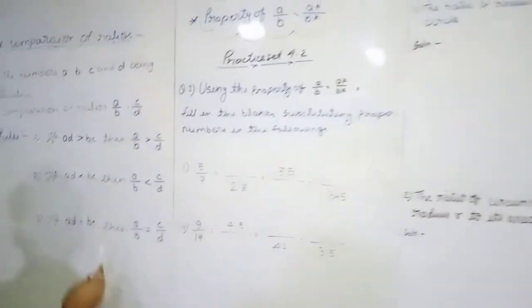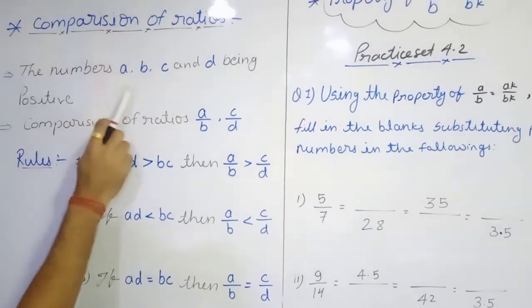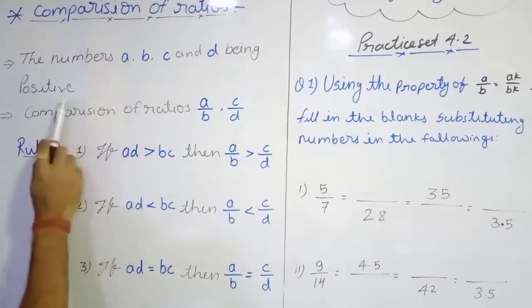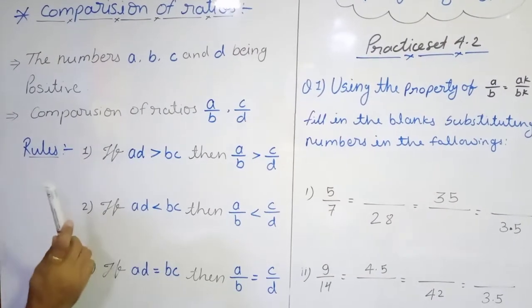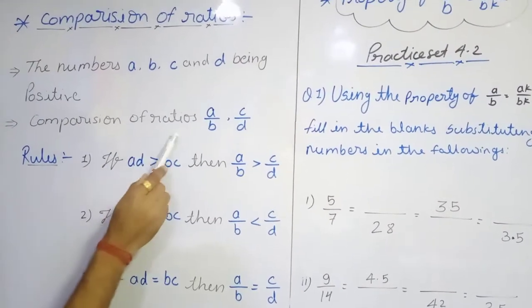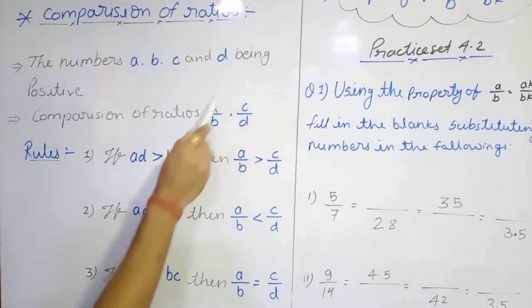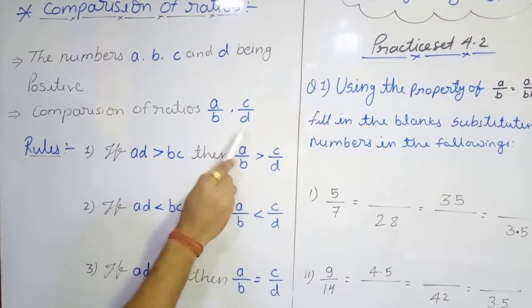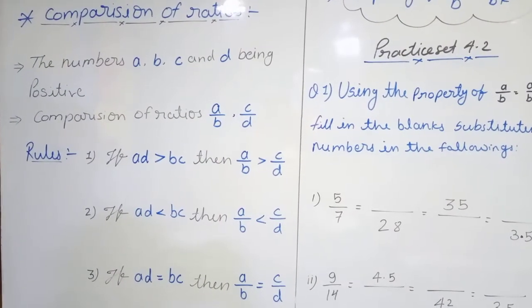So, comparison of ratios. The numbers A, B, C and D being positive. Comparison of ratios A upon B and C upon D. So what is the rule for that?